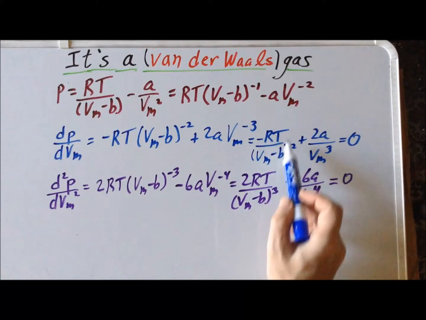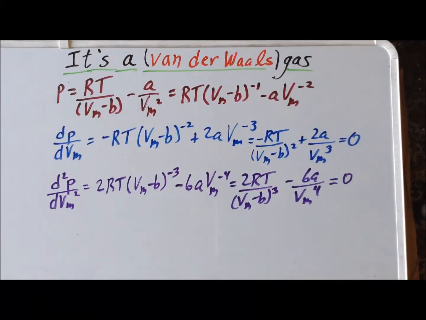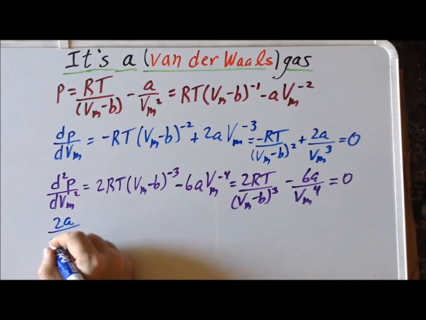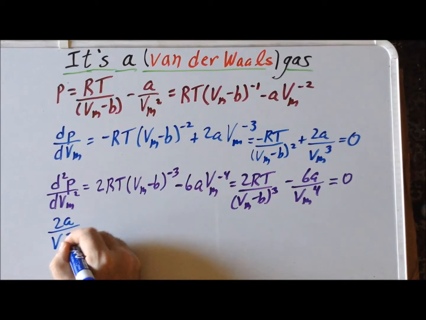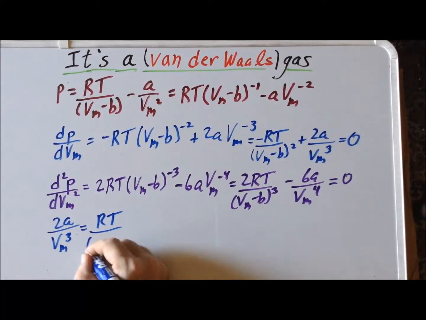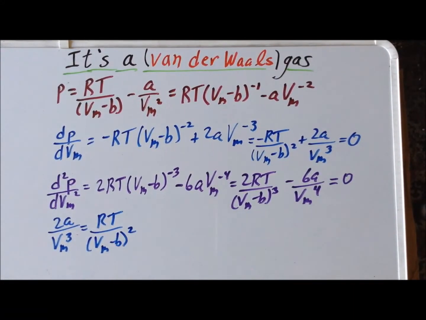If we add RT divided by the quantity V sub m minus b squared to each side, we get that 2a divided by V sub m cubed is equal to RT divided by the quantity V sub m minus b squared.